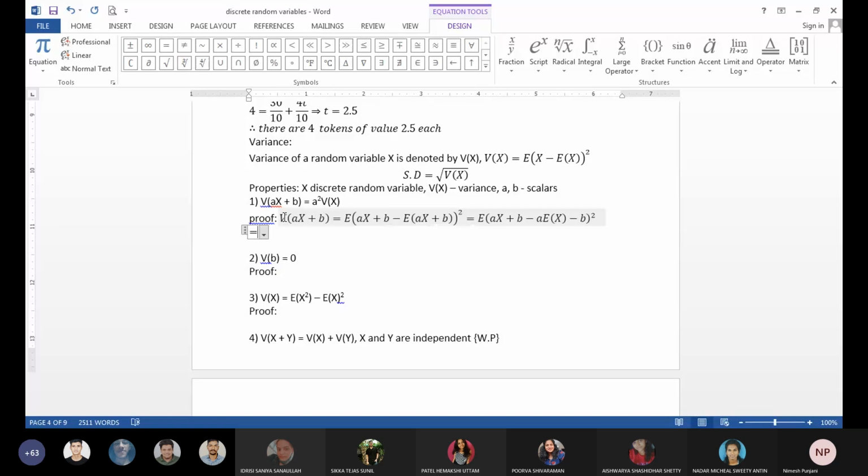Expected value of ax plus b is a times expected value of x plus b. So this will be expected value of ax minus a times expected value of x, plus b minus b cancels, the whole square.